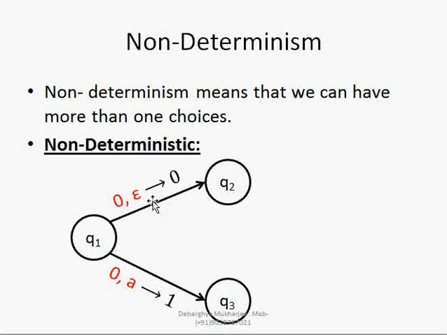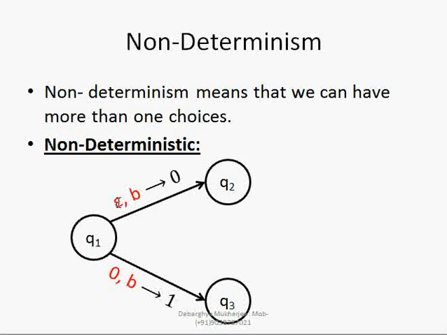If we have 0, then we can push 0 onto the stack. Delta means this is a simple push operation. Now here we are defining that if we have 0 and A is the topmost element in the stack, then we are going to replace A by 1. So this is also non-deterministic in nature.